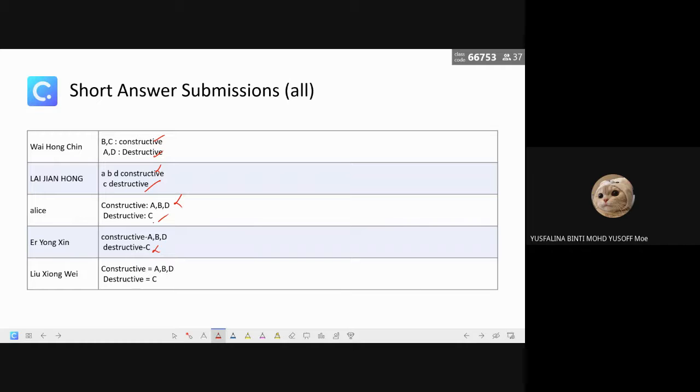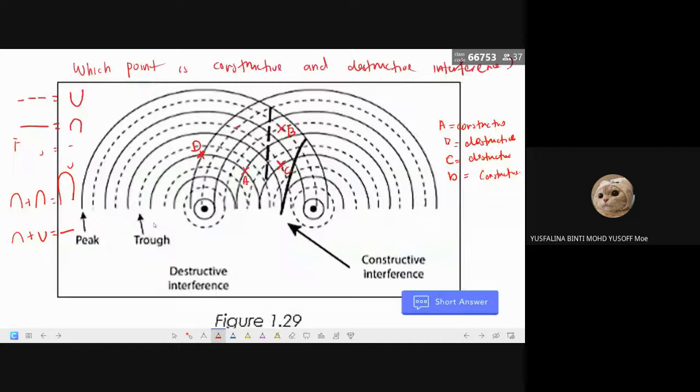Why did so many say D is the C is destructive, right? That one is a trough meeting with the crest. This is a dotted line meeting with the line here. So it should be destructive.